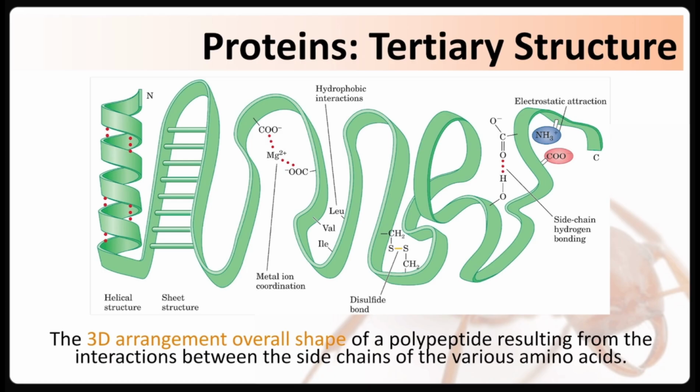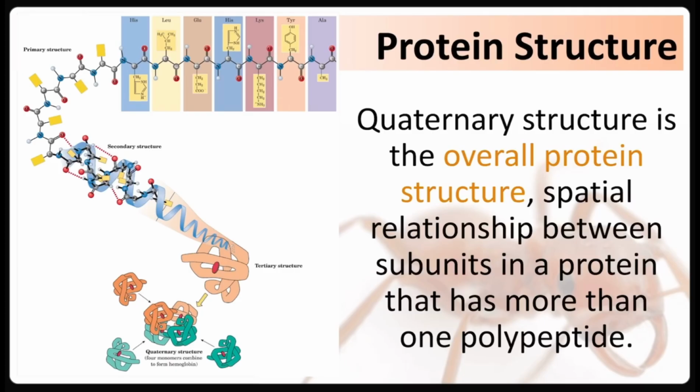Now, the tertiary structure is the 3D arrangement, the overall shape of a polypeptide resulting from the interactions between the side chains of various amino acids, as I mentioned earlier. Now, quaternary structure, as we discussed, is the overall protein structure, the spatial relationship between subunits in a protein that has more than one polypeptide chain.